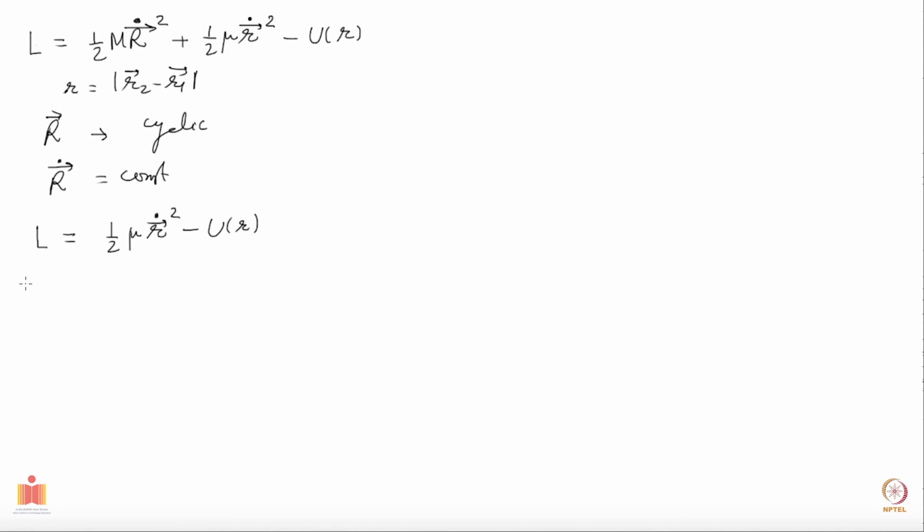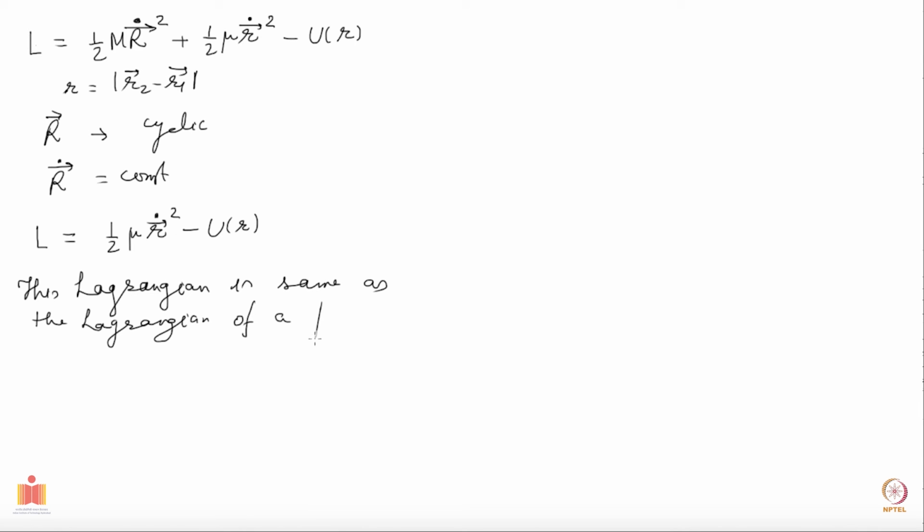So this Lagrangian is the same as the Lagrangian of a particle of mass mu moving in a force field U of r. So you understand what is happening.